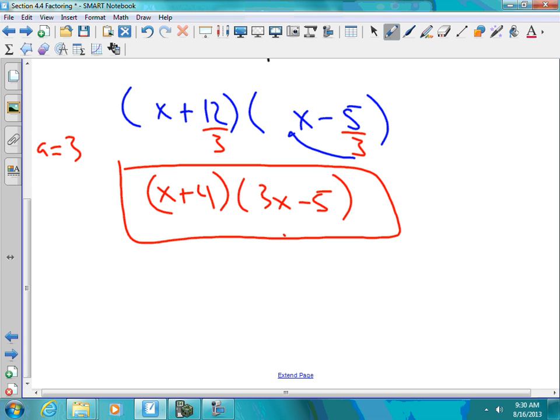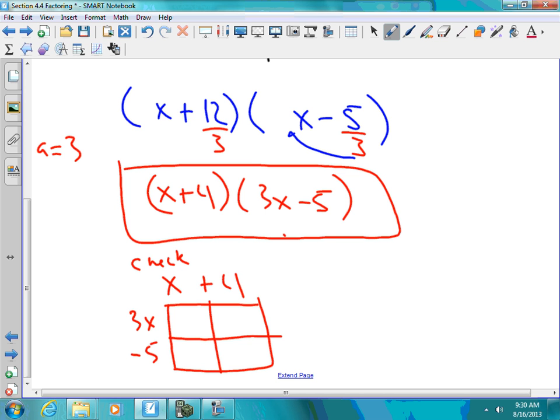Okay? So go through and you want to check that as well, by multiplying it out. Box, whatever method you use. We'll do the box this time. x plus 4, 3x minus 5. I know it seems annoying to check every one, but you want to get everyone right.